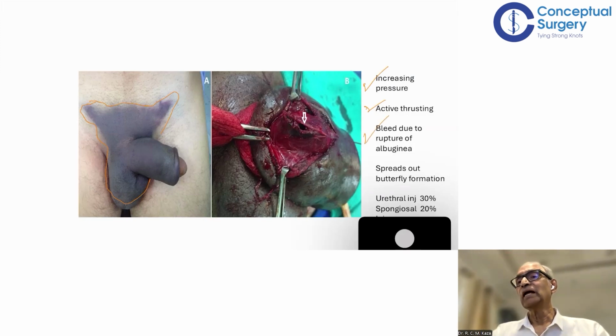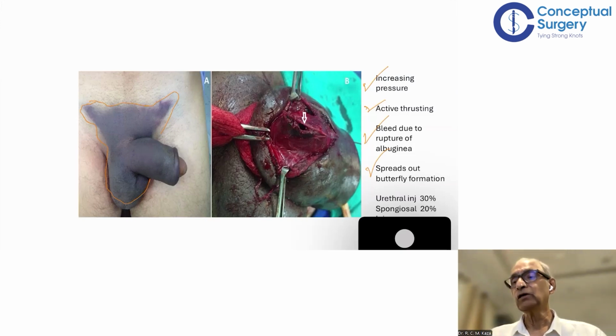When the albuginea is burst, then blood, and if the urethra is involved, then urine also, will come out and collect under Colles fascia. And then subsequently, if Colles fascia is also breached, it can leak out, and then you get a butterfly formation. So all the points are out here.